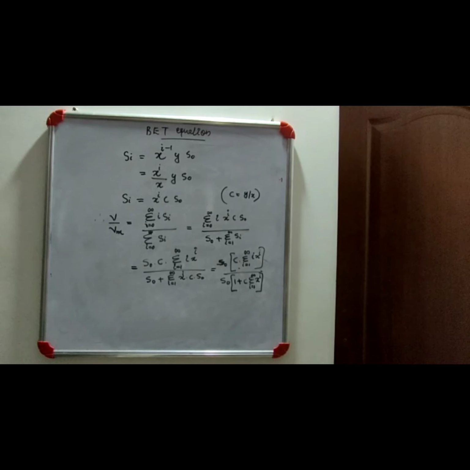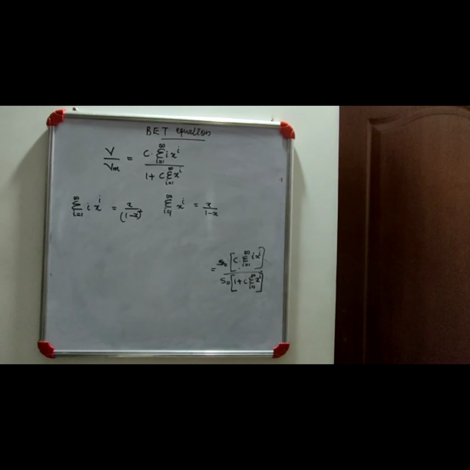And from the denominator we can take S0 as a common factor. So we can cancel the S0 term from numerator and denominator. So we get V by Vm is equal to C into sigma i equal to 1 to infinity i X raised to i divided by 1 plus C into sigma i equal to 1 to infinity X raised to i.